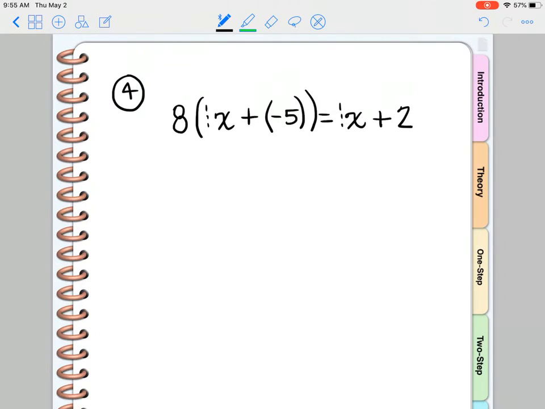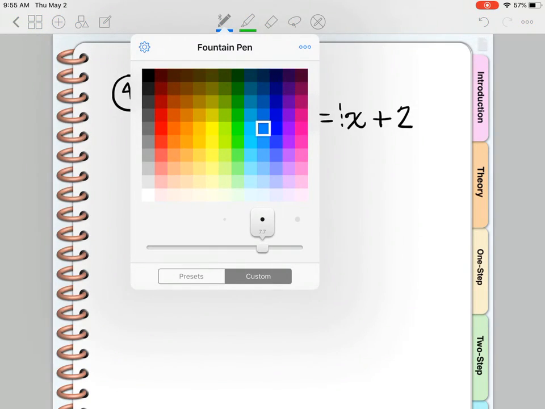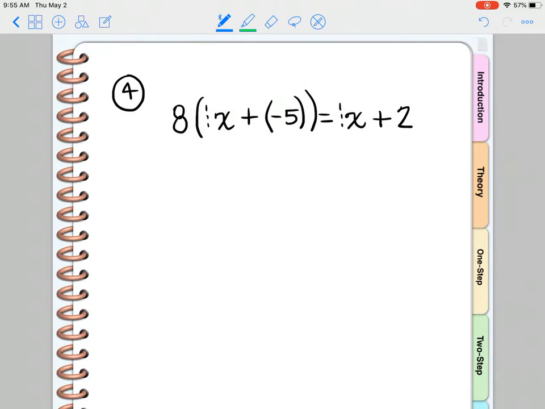So put your ghost ones in there. And then let's do our distribution. The distribution is going to take care of all this ugliness. So we have 8 times 1x. And then 8 times -5. And that's -40.